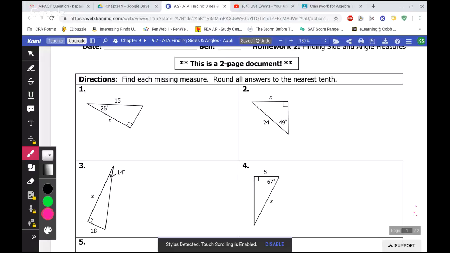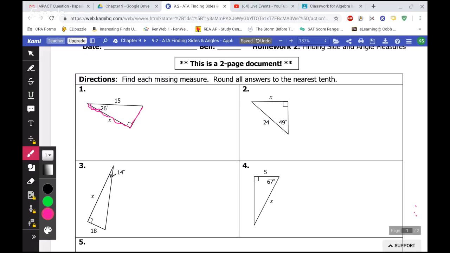All right. So what you want to look at is you are given the angle 26. And so then you want to look at the sides that they have given you and figure out how they relate to that angle 26. In these, obviously these are always the legs. The legs are always the ones that surround the right angle.